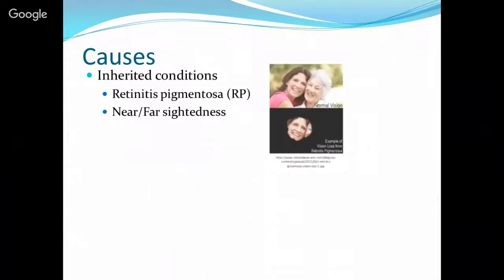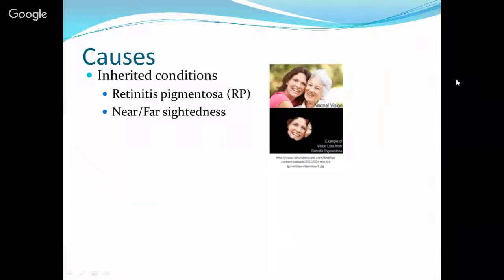It's when the child or student is born with normal vision, but as they go through childhood and adolescence, their vision slowly decreases and they lose their peripheral vision to where they're only looking through this tunnel of vision. They only see about 20% of what we see with our normal vision.